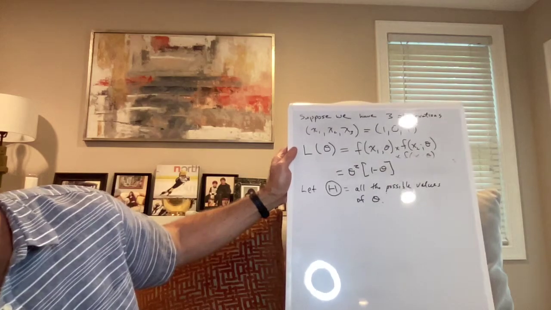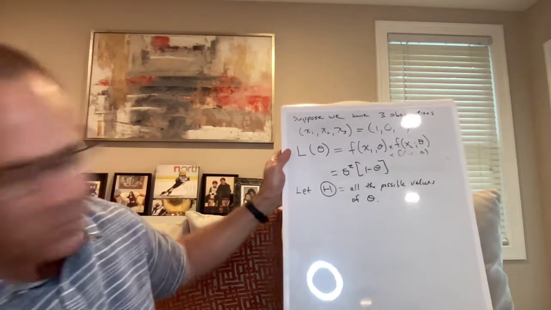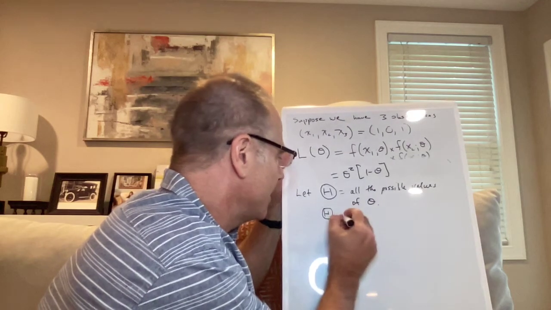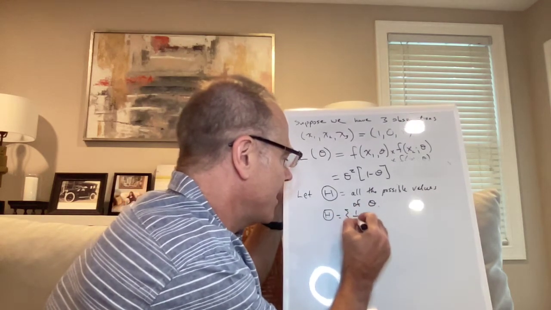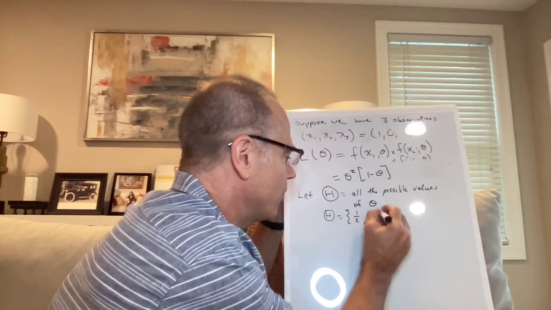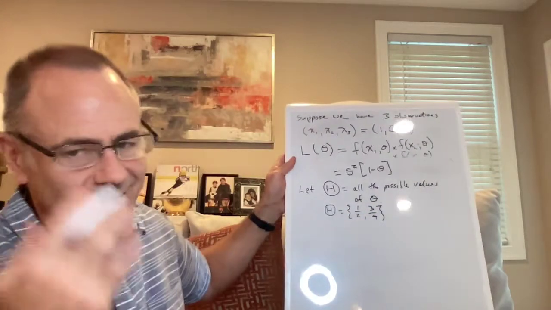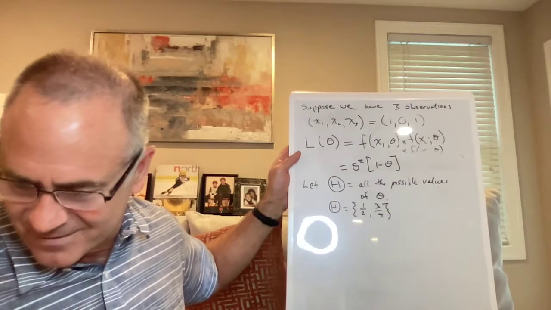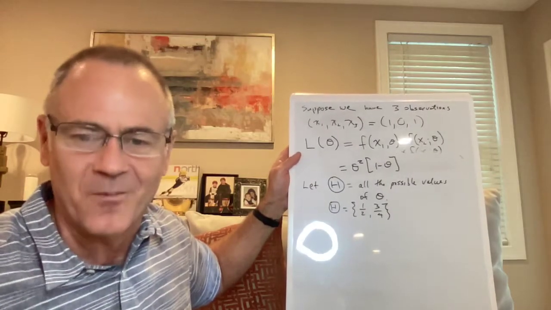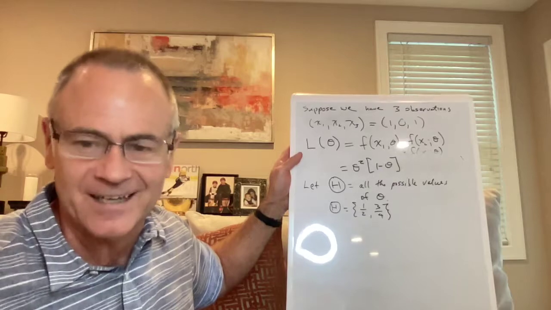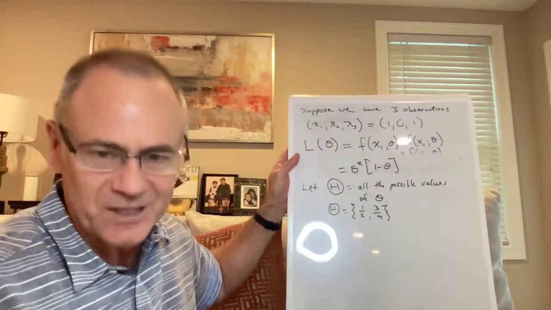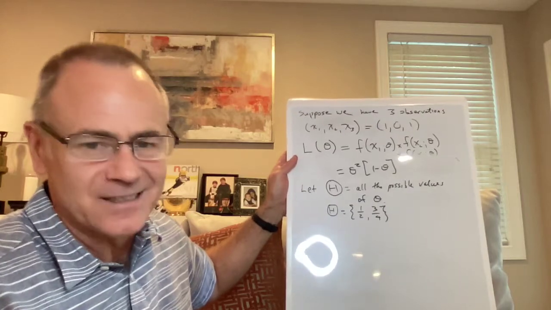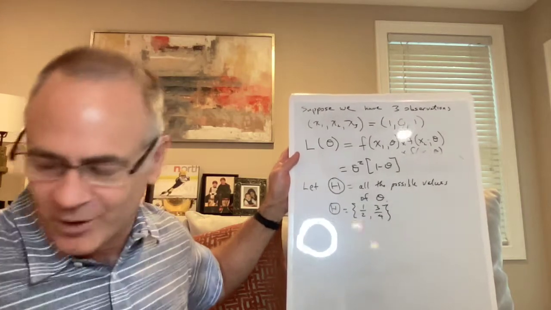Let's say the only two possible values are theta equals either 1/2 or 3/4. Wait, I don't understand why that could be. Well, suspend your imagination for a moment and say that some magic genie came down and said, look, trust me, I've seen what nature has chosen, and it's either 1/2 or 3/4.